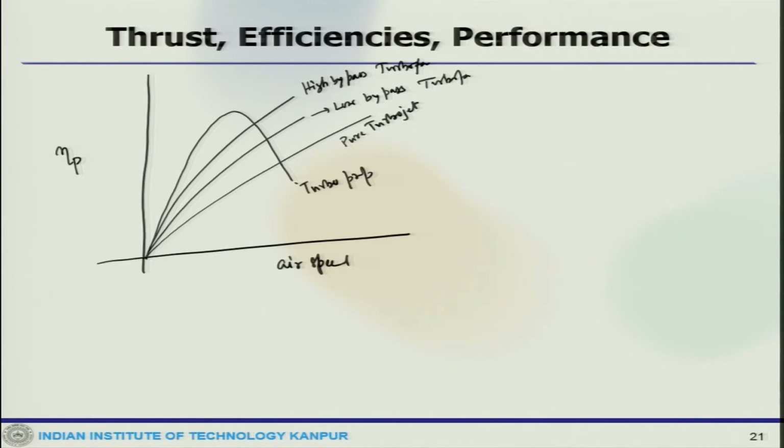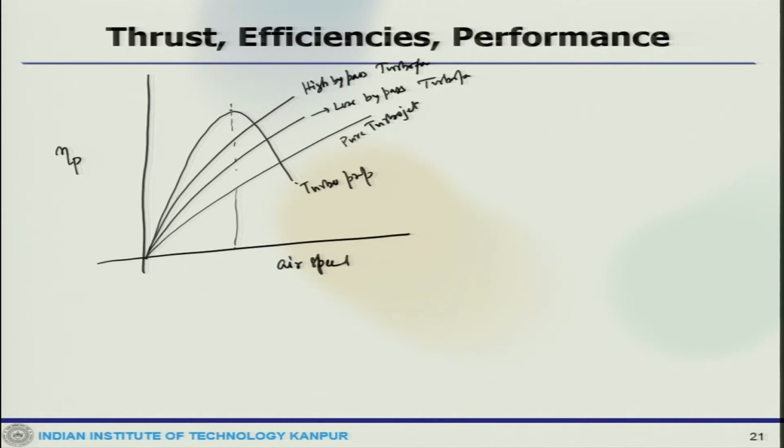So, that gives you an idea how propulsion efficiency varies with the airspeed. If you take a lower airspeed, then you can see that is what we have been always talking about, that at low speed application turbo propeller engine is quite effective.